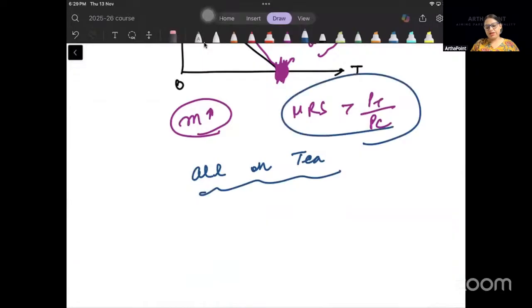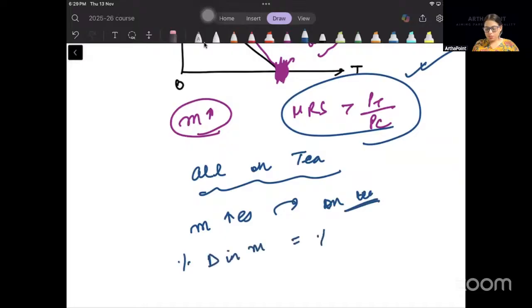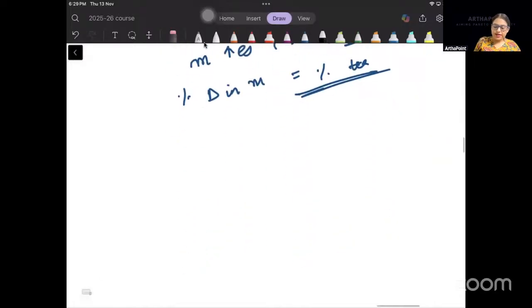Because tea is still relatively cheap. So when my income increases, then all is spent on tea. The percentage change in income should be equal to percentage change in demand. I am spending all my new income on tea. Right? तो ये कुछ ऐसा केस हो गया that consumption of tea is M by PT.